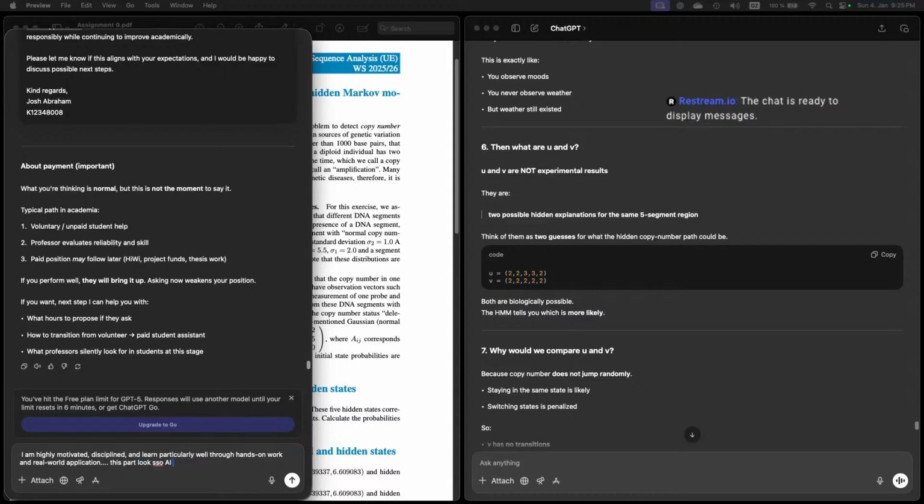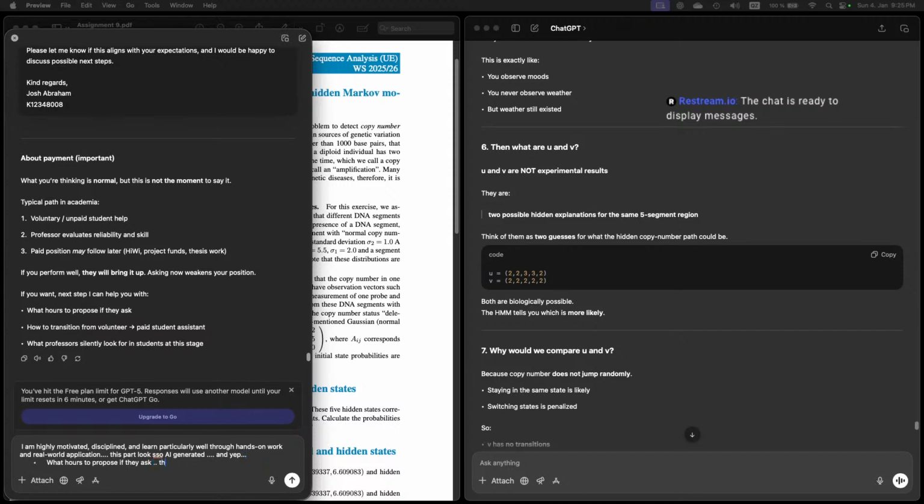So AI generated. This looks like a good response.